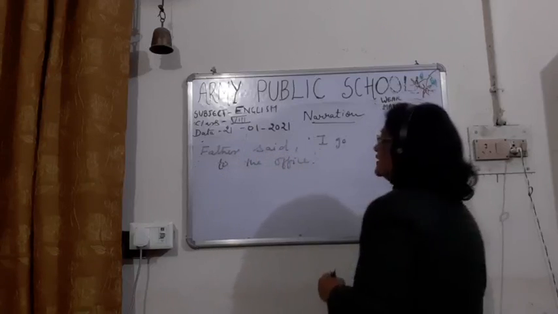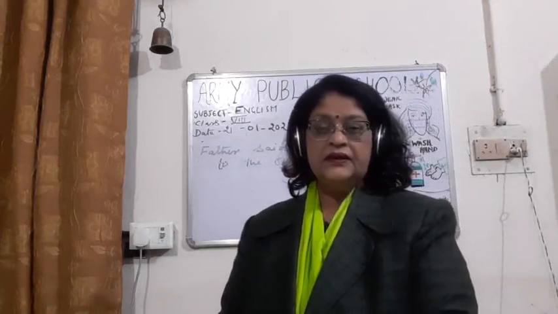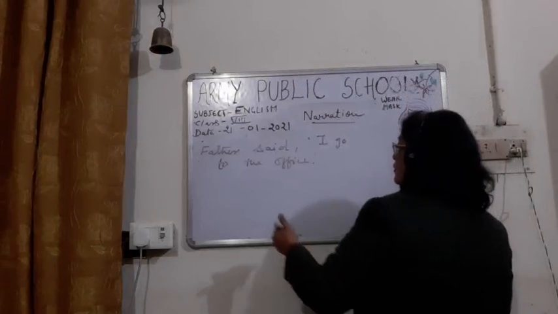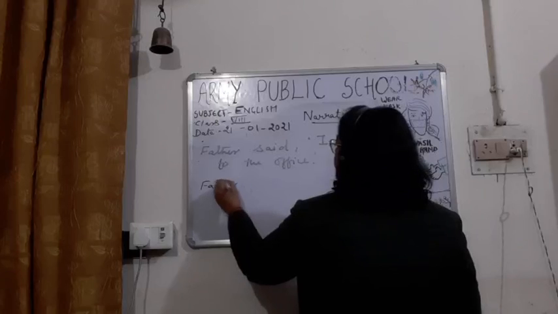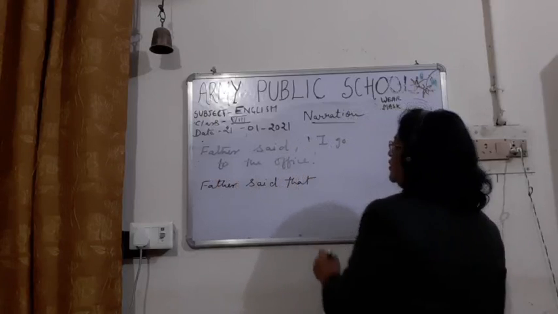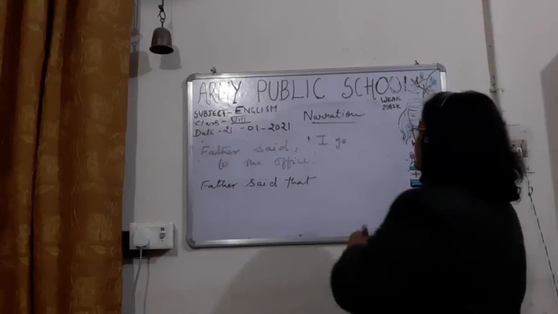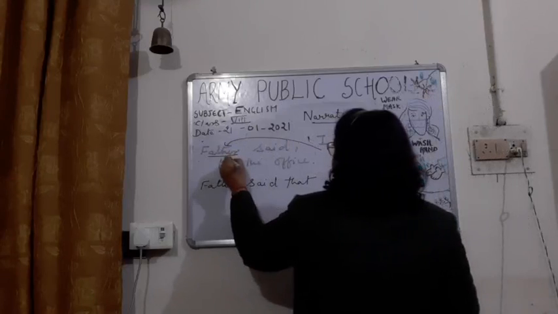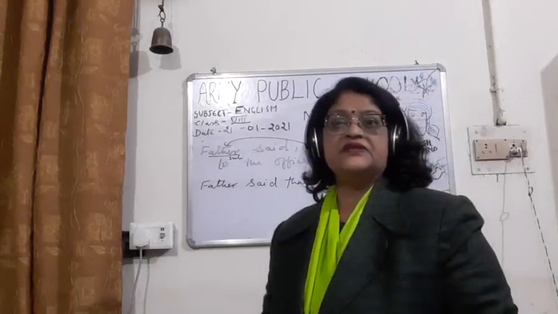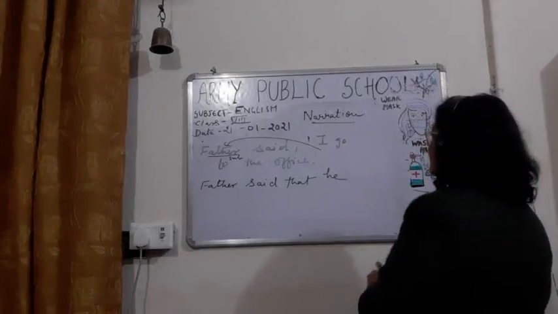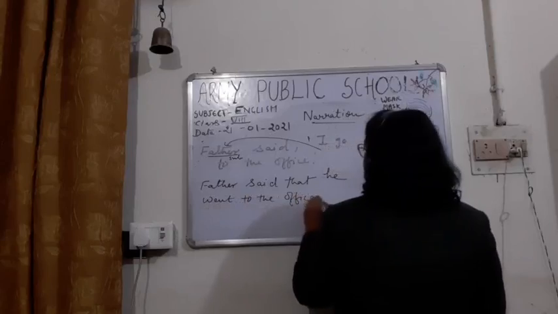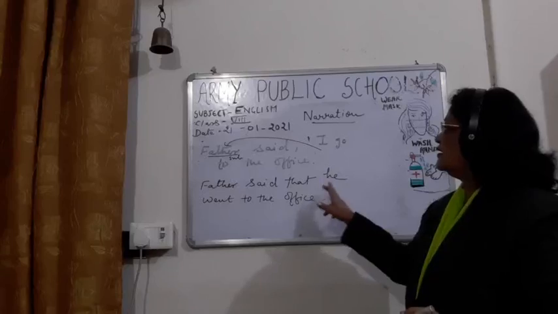Now, if you read this sentence, here the reporting verb is in past tense, but the object is not there. So, children, what would be there? The same thing. Father said, remove this comma and remove this comma, add that. Now, children, it is the first person here and it will change according to the subject. So that he, now go is simple present tense, so simple present will change into simple past. He went to the office. Okay, Father said that he went to the office.